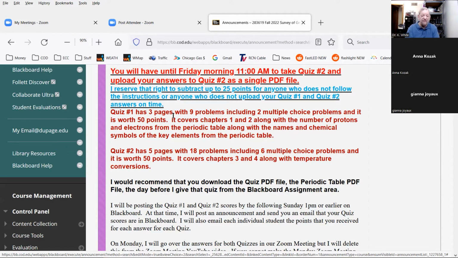It covers chapters 1 and 2, along with the number of protons and electrons from the periodic table, along with the names and chemical symbols of the elements from the periodic table. And here you'll need the periodic table, which you can download from the assignment area.